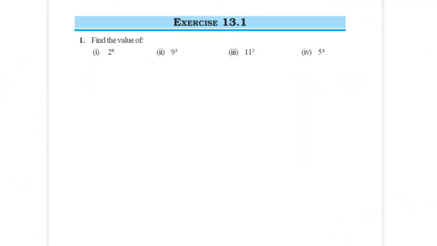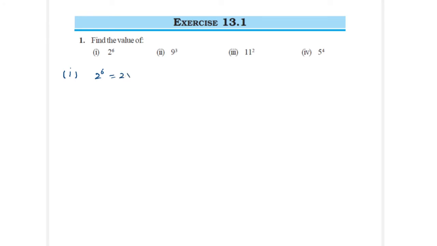Now come to exercise 13.1. Say question number 1. Find the value of, say first part, it is 2 raised to power 6. 2 raised to power 6 means 2 is multiplied 6 times.